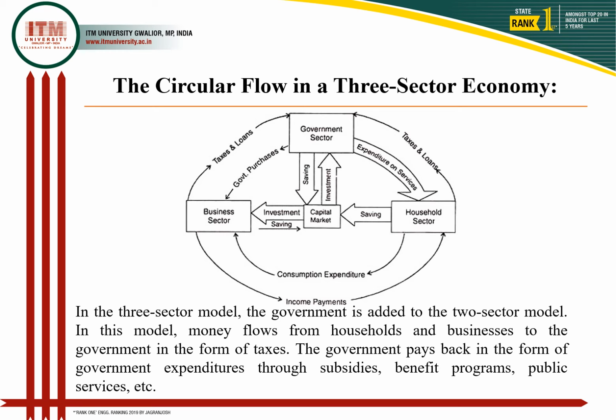So the money is returned from the government sector to the business in the form of government purchase, that means the payment for goods and services, and to the household as factor payments and as transfer payments also.